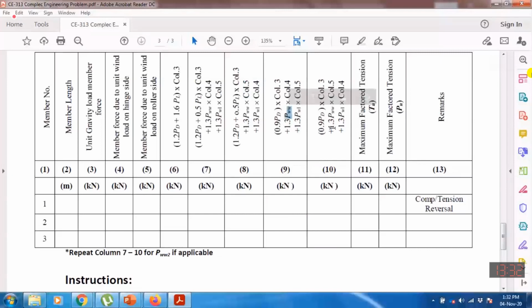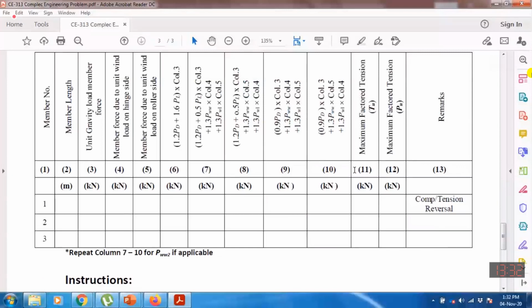So you need to add 4 more columns, 7, 8, 9, 10. You can make another table, but I suggest you add 4 more columns. Maybe this column will become 15, 16, and 17. In between, we have 4 more columns.